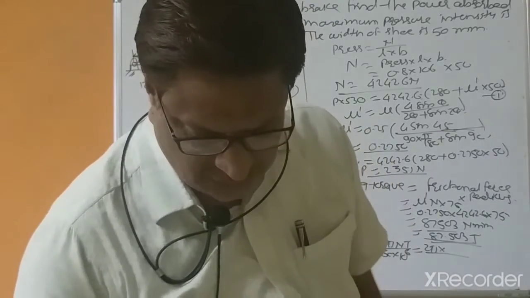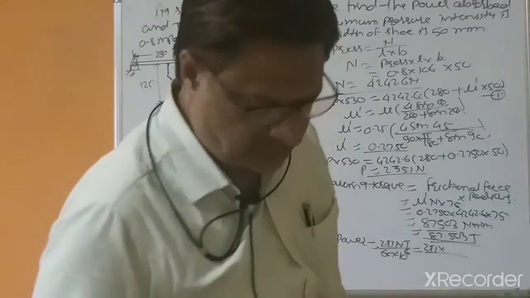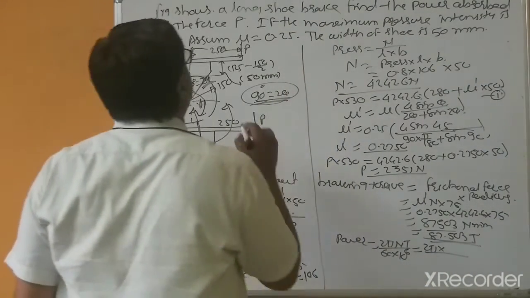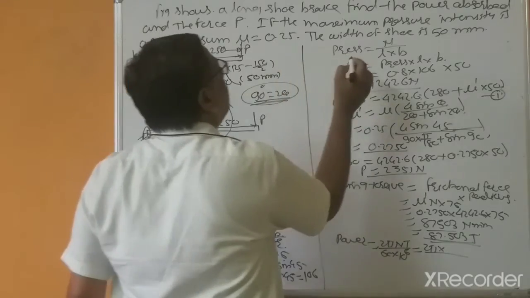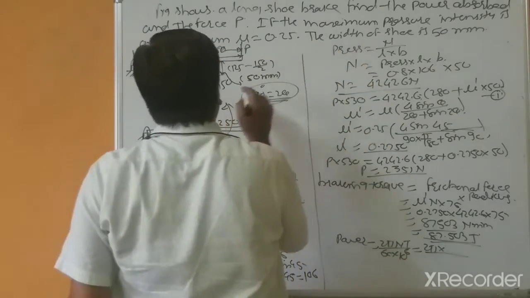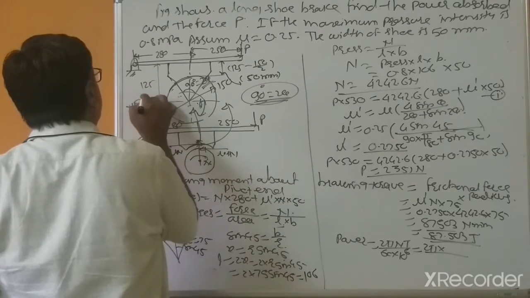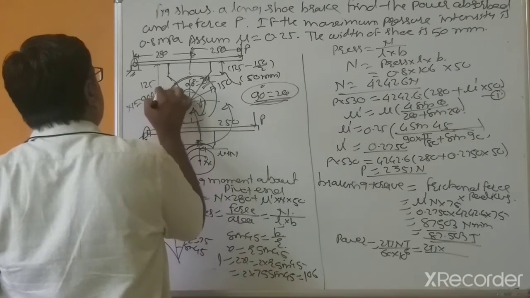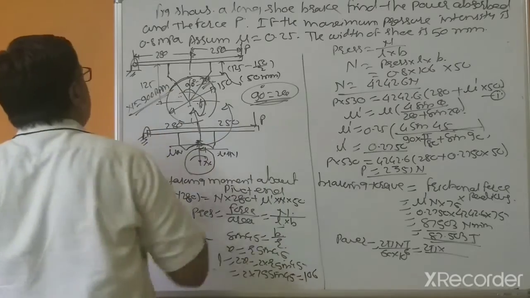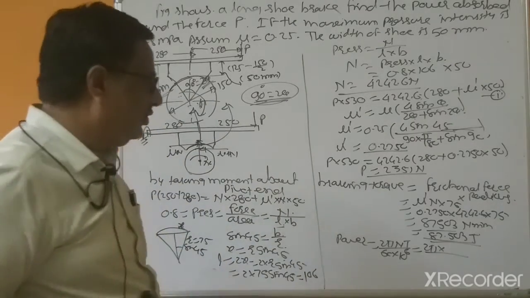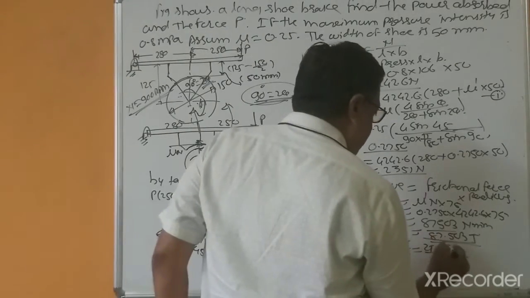This RPM is given, N equals 900 RPM, because without this RPM we can't calculate.